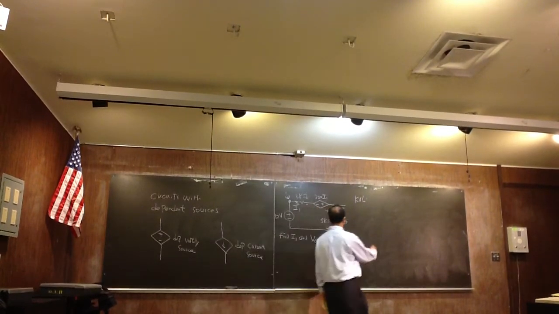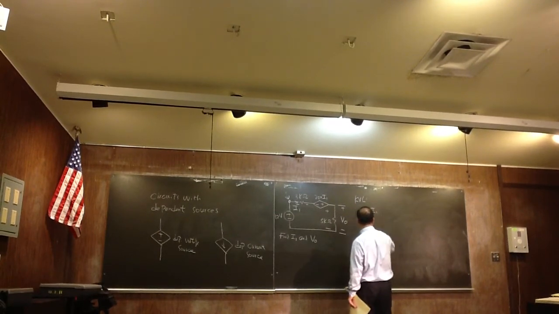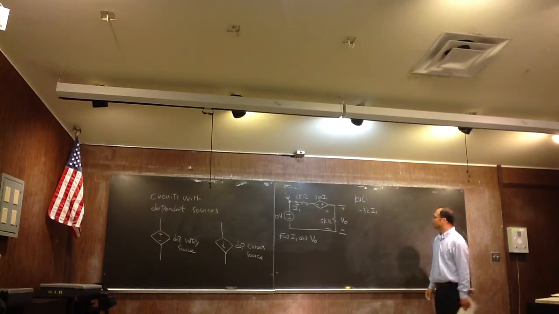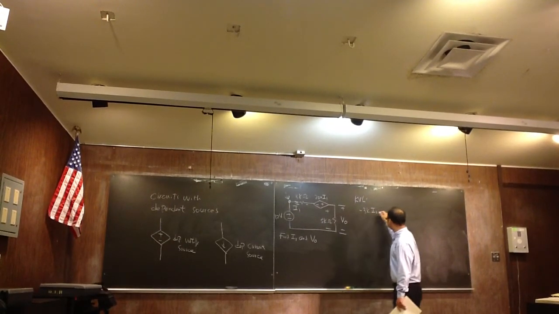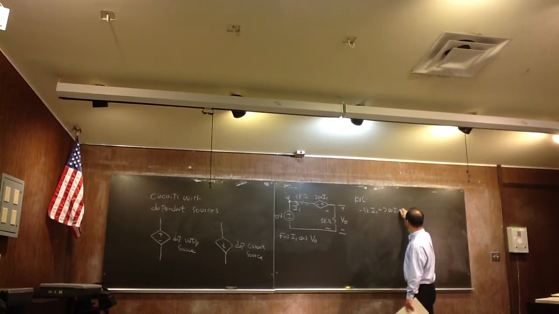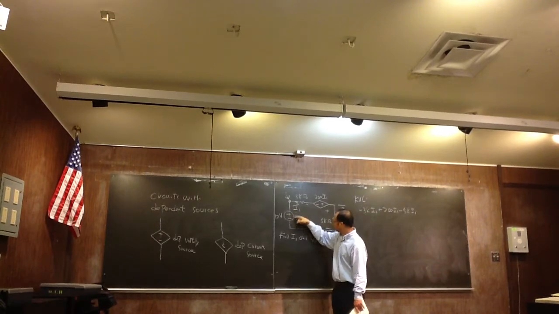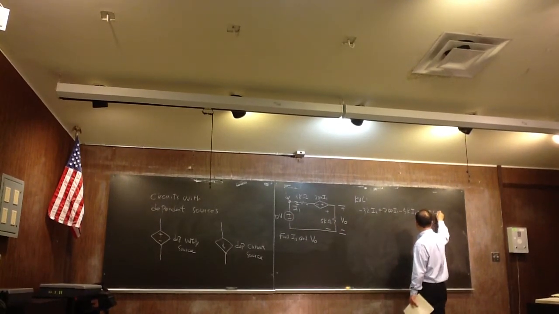So you have minus 3K I1, and then this becomes a voltage rise, so plus 200 I1, and this is a drop, minus 5K I1, and you go around here, that is a rise, plus 12 equals 0.